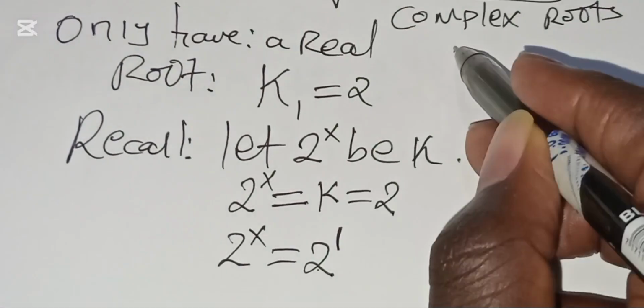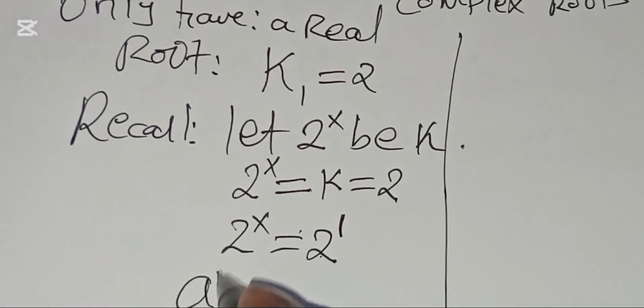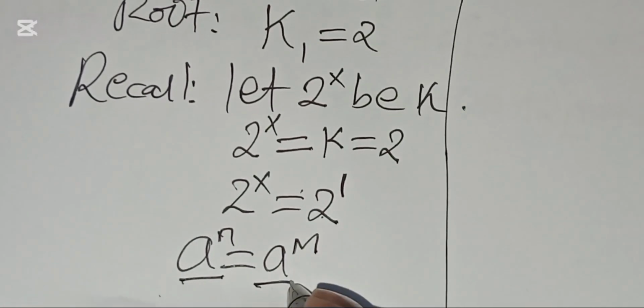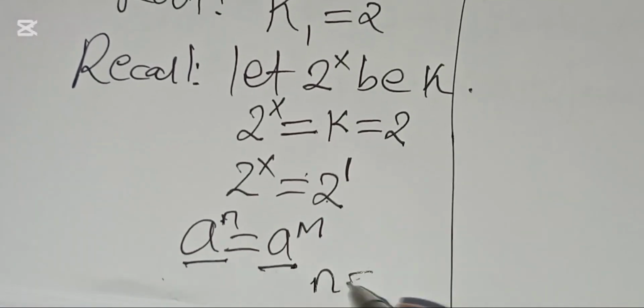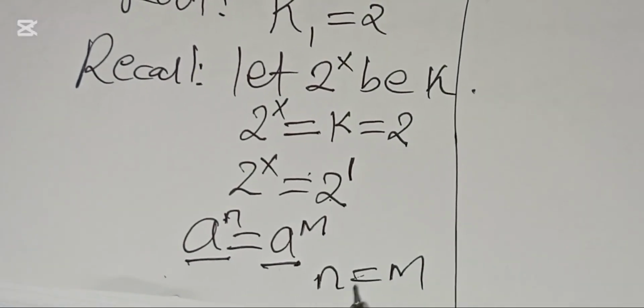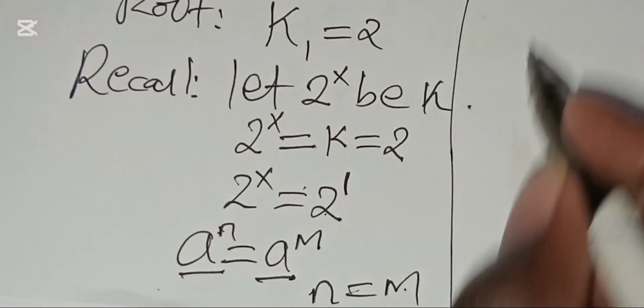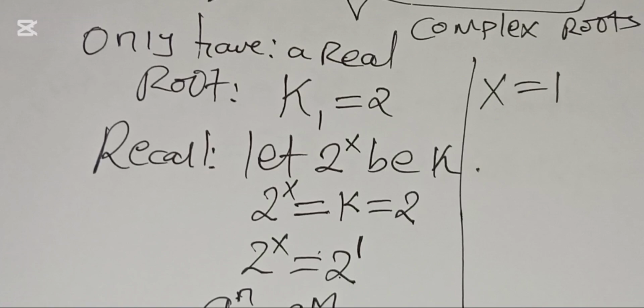Now as you can see, applying the laws of indices, that is a raised to power n is equal to a raised to power m, and given that the bases are common, the exponents are also equal, that is n is equal to m. So that means that the value of x is equal to 1.